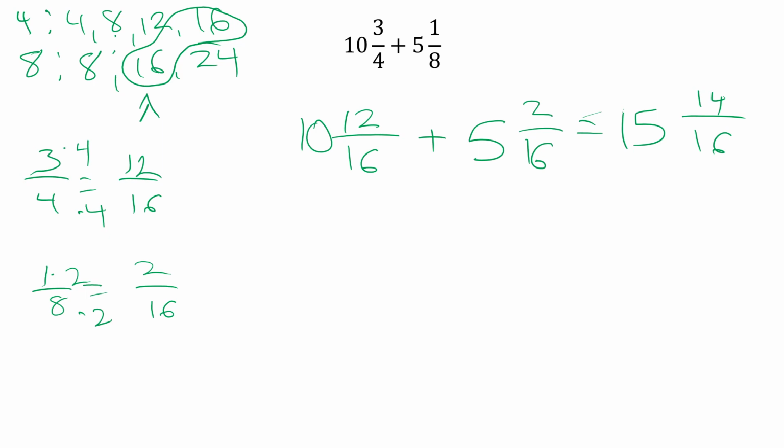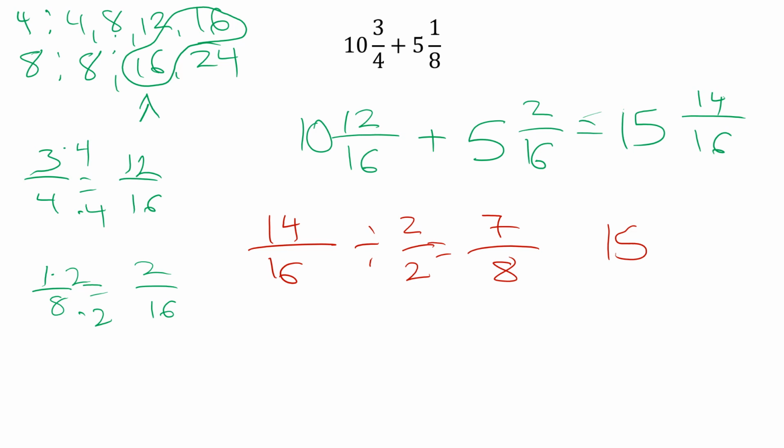And of course the answer here is yes, we can reduce that. 14 over 16 we can divide by 2. 14 divided by 2 is 7, 16 divided by 2 is 8, so our final answer is 15 and 7/8.